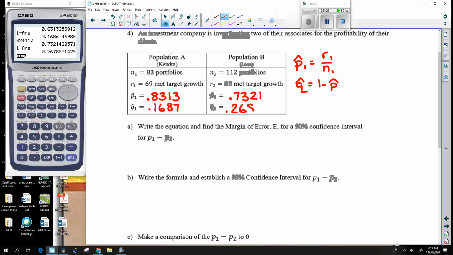Okay, then we need to find the margin of error for this. And so again, this is going to be ZC times the square root of p hat 1, q hat 1 divided by n1 plus p hat 2, q hat 2 divided by n2. This is very straightforward. I'll just write it in green once on how to get this.